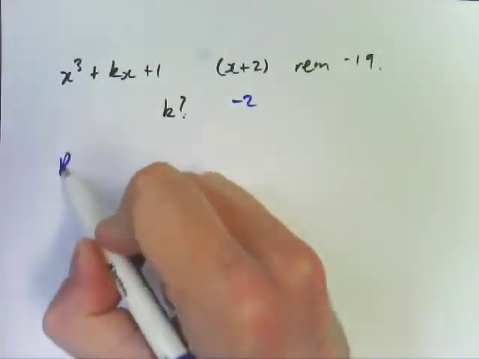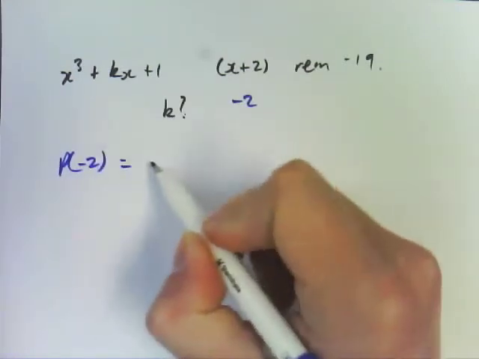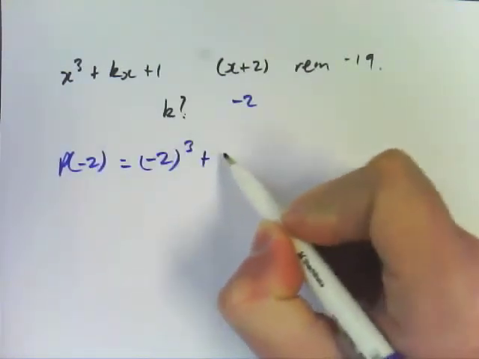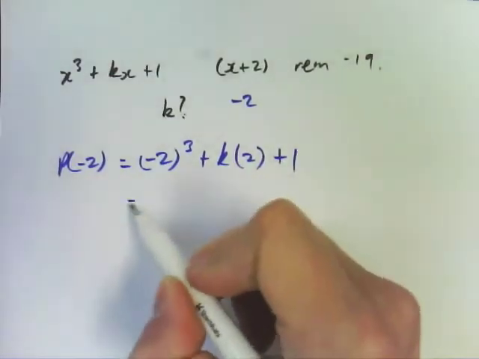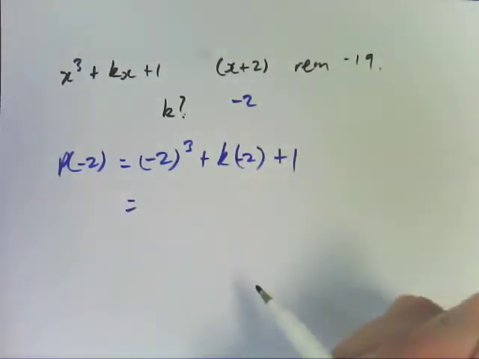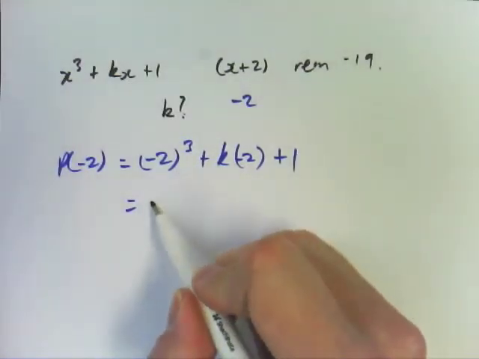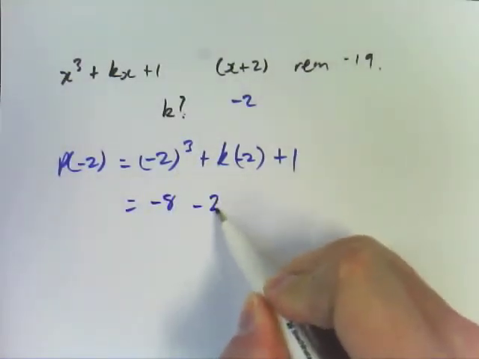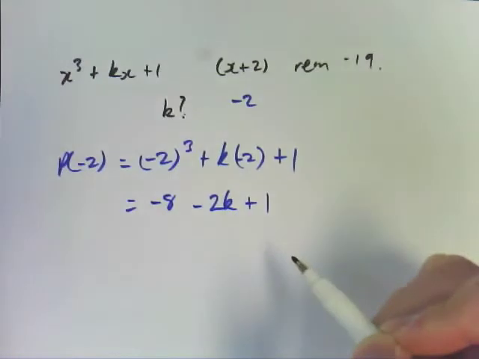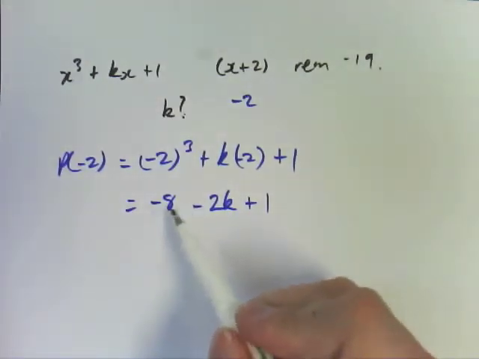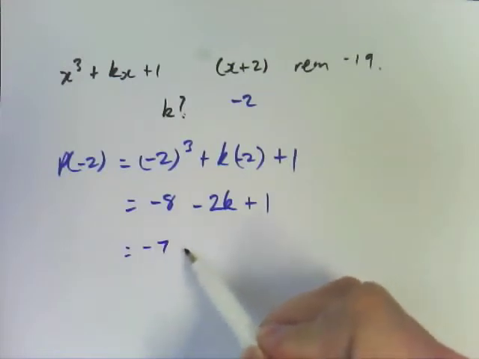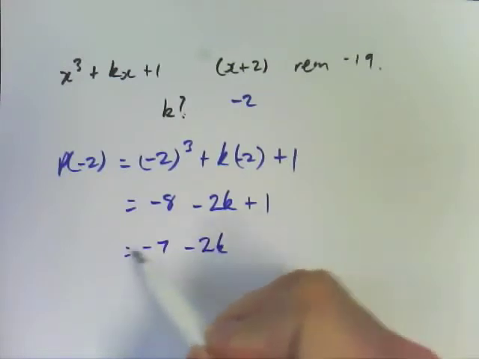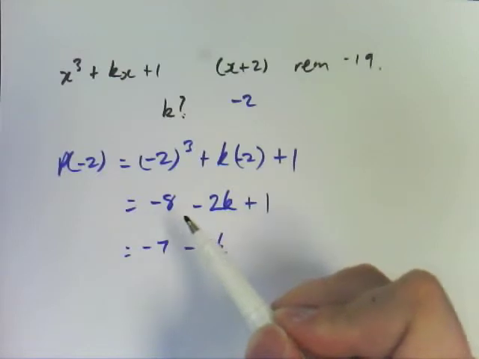So P of -2 equals -2 cubed plus k times -2 plus 1. So -2 cubed is -8 minus 2k plus 1. If we simplify that down even further, -8 plus 1 is -7 minus 2k, and that equals what?